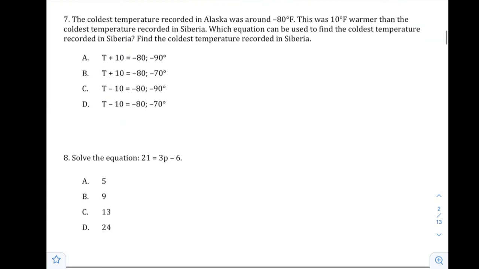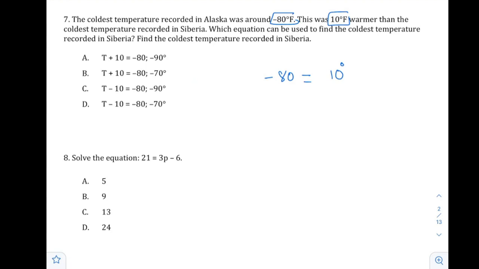The coldest temperature recorded in Alaska was around negative 80 degrees. Negative 80 degrees was recorded. This negative 80 was 10 degrees Fahrenheit warmer, more than the coldest temperature recorded in Siberia.